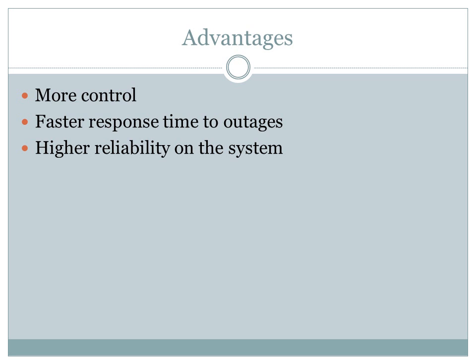Another advantage is you have faster response time to outages. A smart device can tell you where an issue occurred on a line, the approximate mileage, whereas before you'd have to walk the line. So this response time allows outages to get taken care of more readily. And finally, you have higher reliability on the system.